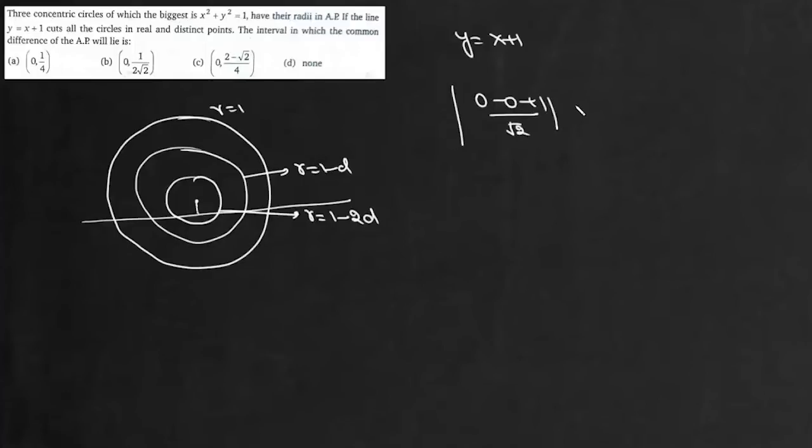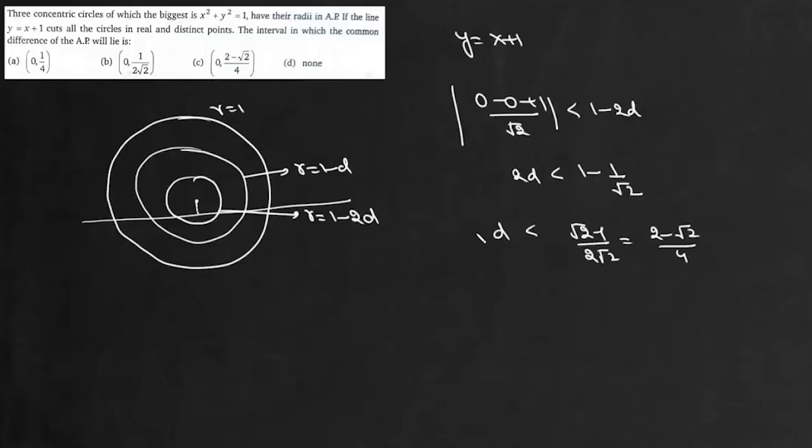It should be less than 1 minus 2d, or we'll write 2d is less than 1 minus 1 by root 2, or d is less than (root 2 minus 1) upon 2 root 2. We can also write this as (2 minus root 2) upon 4.